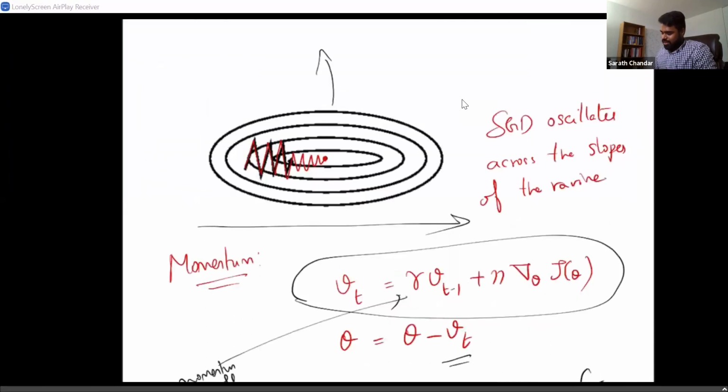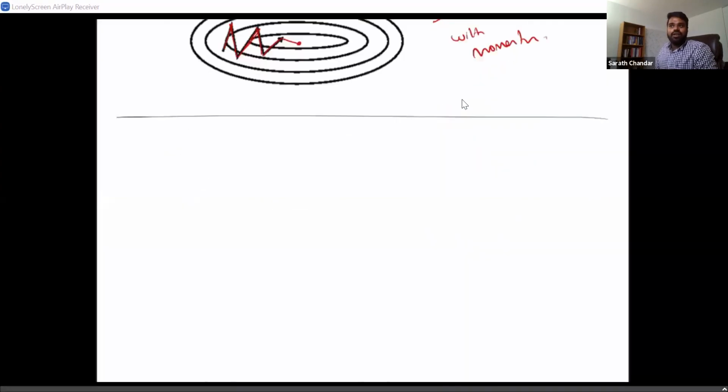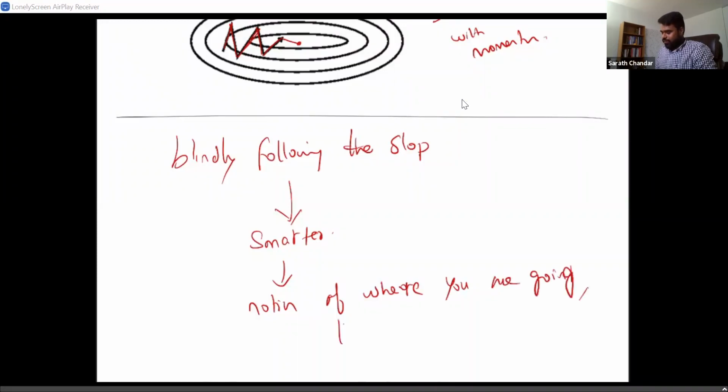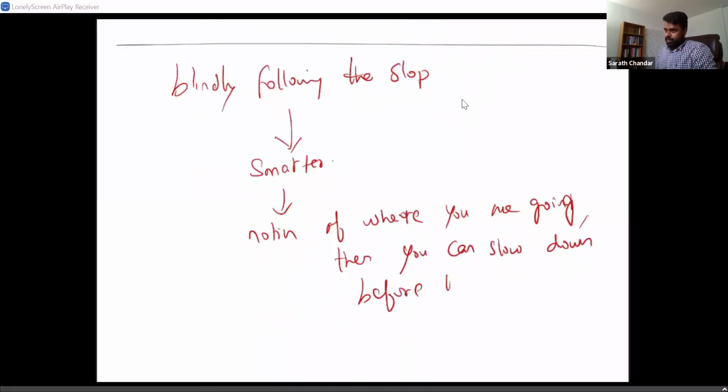What happens here is when humans run, they are not running blindly following the slope, right? Instead of blindly following the slope, we need something smarter. If you can have a notion of where you are going, then you can actually slow down before the hill slopes again.